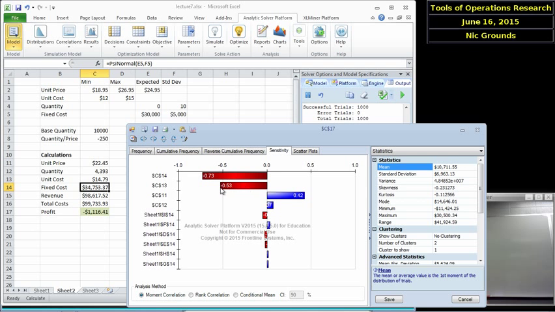Whereas with the uniform distribution, every value is equally likely. It may be the min one time, the average between the two the next, and the max after that. It'll always jump around. That's probably why unit cost has a higher effect than unit price: its distribution lends itself to being more variable and covering a wider range of values for any given simulation.